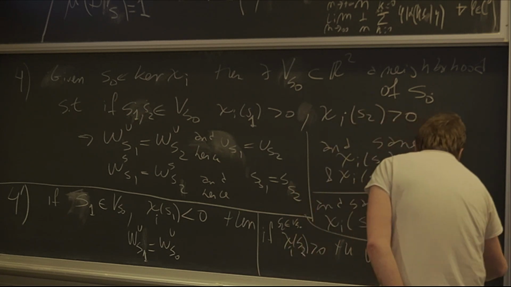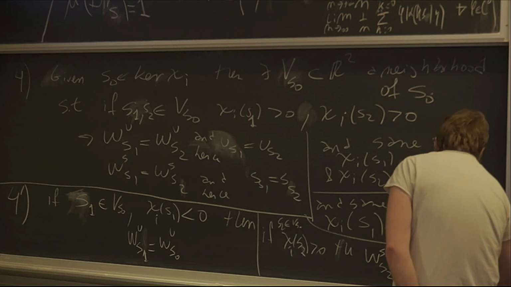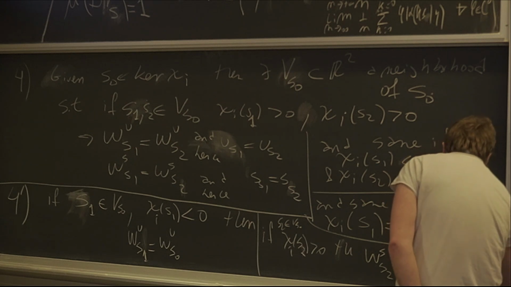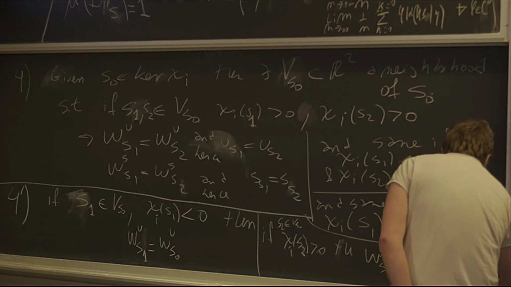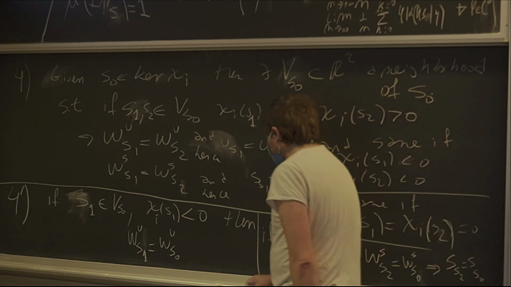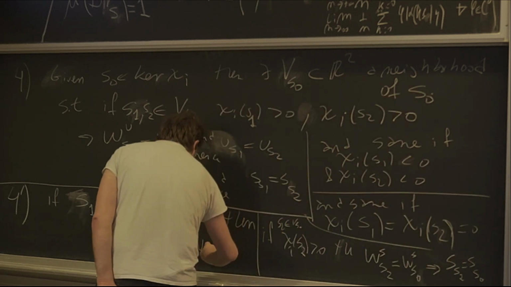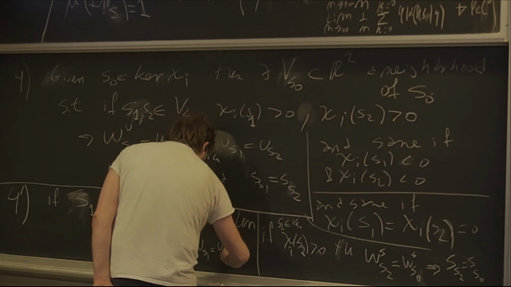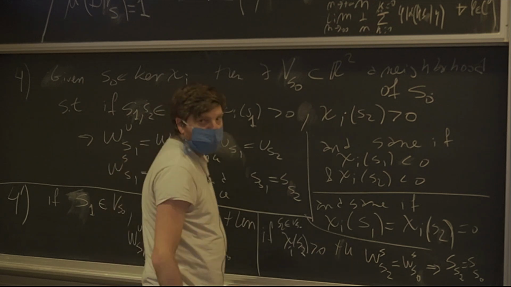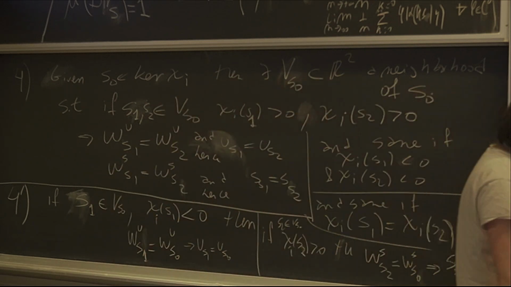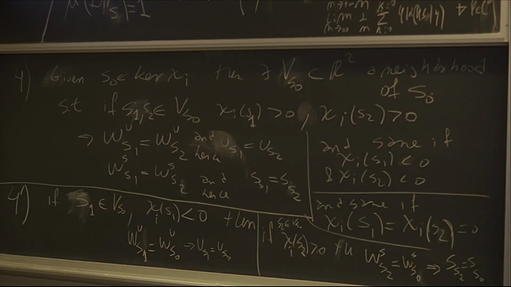And this implies that the stable foliation for this guy is the stable foliation for this guy, and the unstable foliation for this guy is the unstable foliation for this guy.